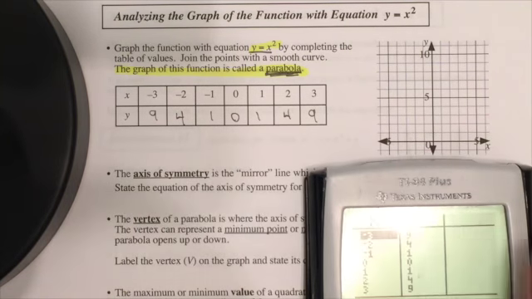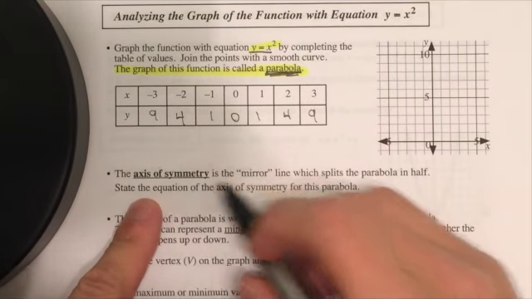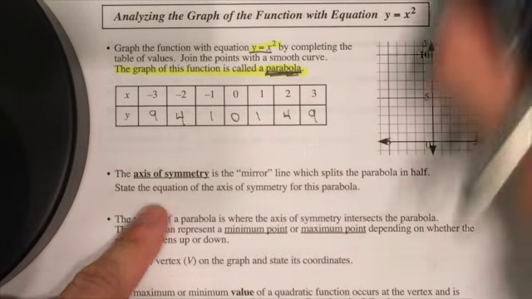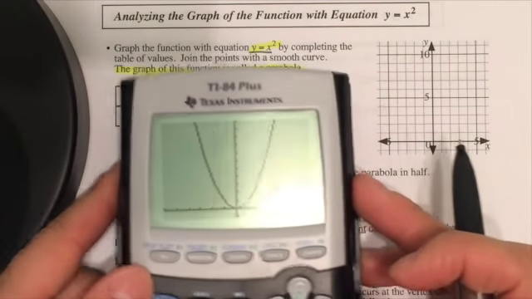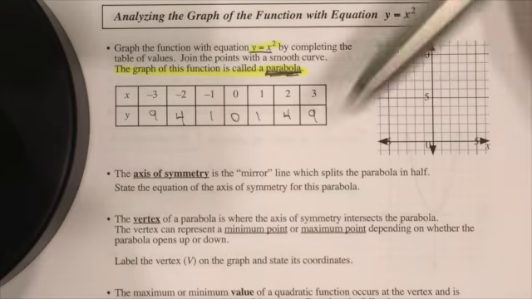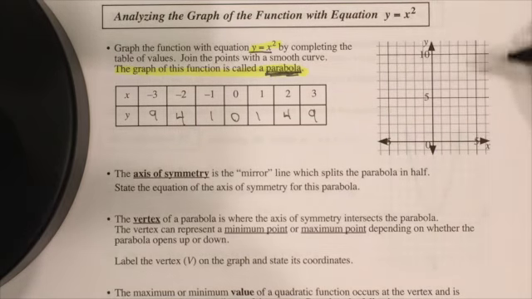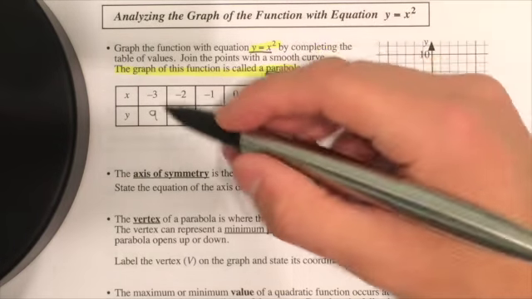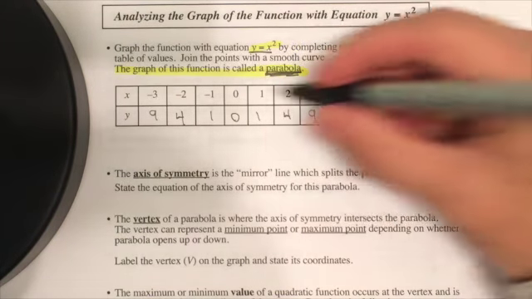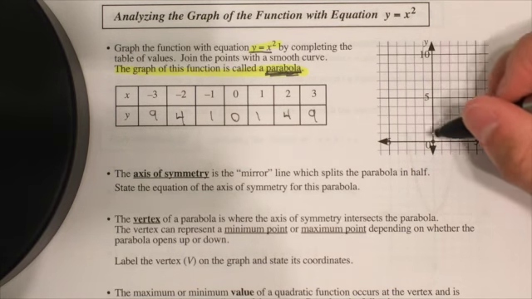Okay, now the next thing we need to do is think about these questions here. We know what our parabola looks like, and eventually we're going to have to record it on this graphing paper. For every value of x, there's a corresponding value of y on our graph.